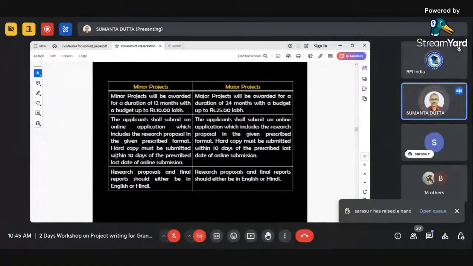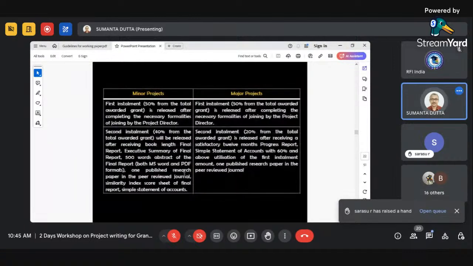So online submission is followed by offline submission, and then the drafting, maybe in Hindi and English, follows the same sequencing as we have followed in our earlier days. It starts with introduction, then the literature review, relevance of the study, and all those things must be incorporated.